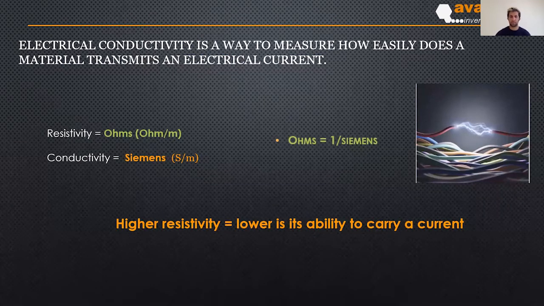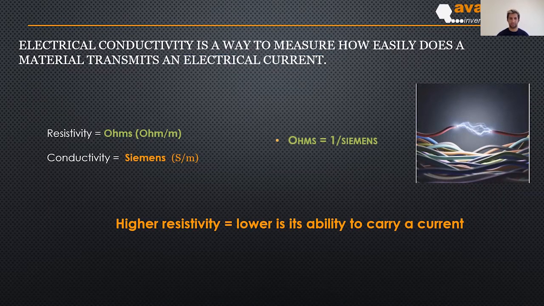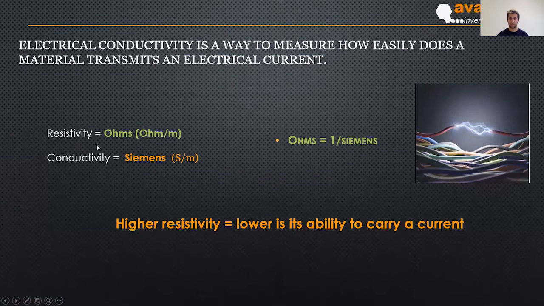To analyze how conductive a material is, or how easy it is to transmit electricity in a material, people talk about two words: resistivity or conductivity. The two words are complementary, because in the end the resistivity is the inverse of the conductivity. The typical measurement of resistivity is in ohms, ohms per meter, or ohms in general.